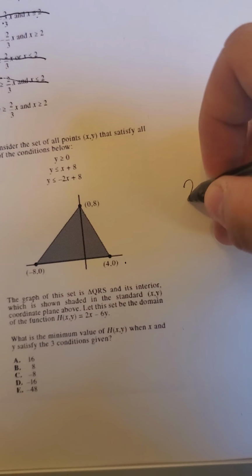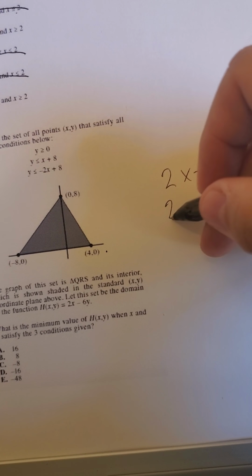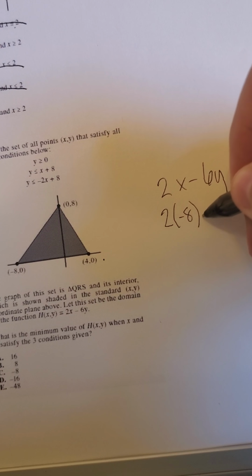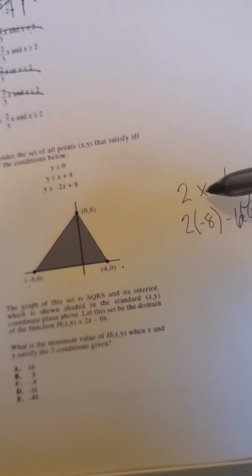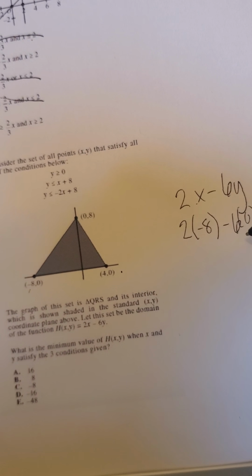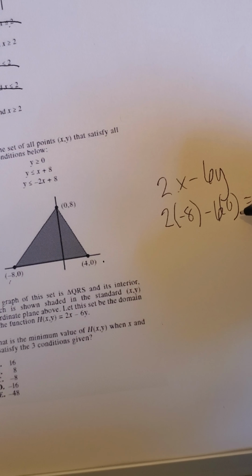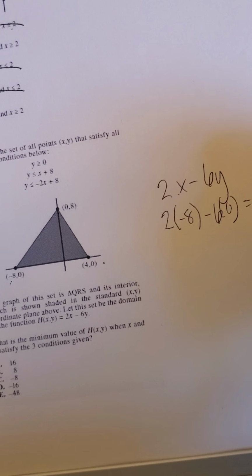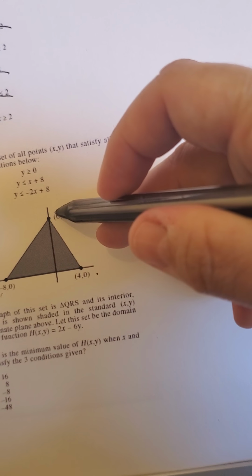So I'm taking 2x minus 6y and I'm plugging in for the first one, -8 and 0. Does that make sense? I'm plugging in -8 for x and 0 for y. Okay, so that's -16 minus 0, which is -16, right? Everybody good with that? All right, then I'm going to plug in my next one, 0, 8.